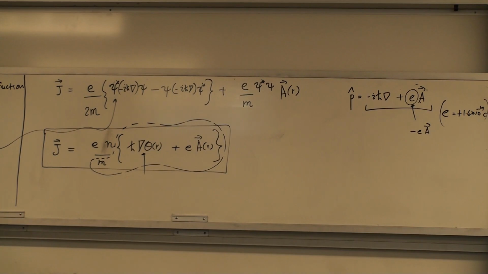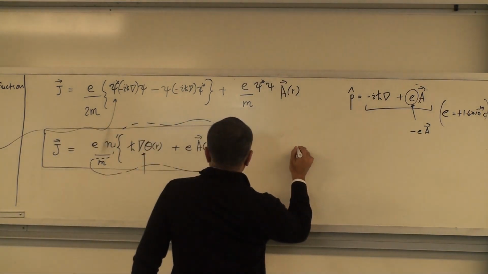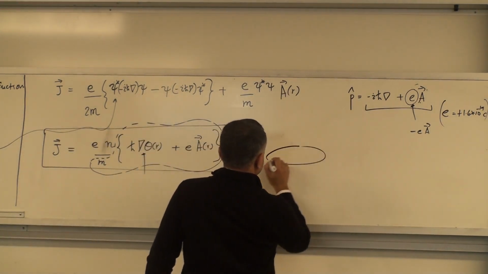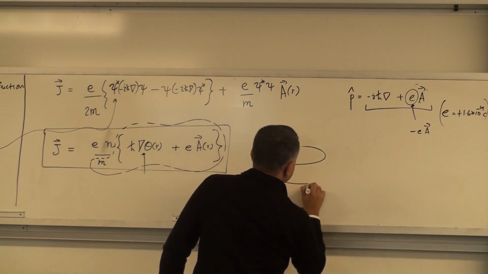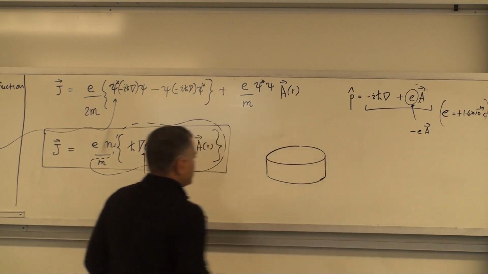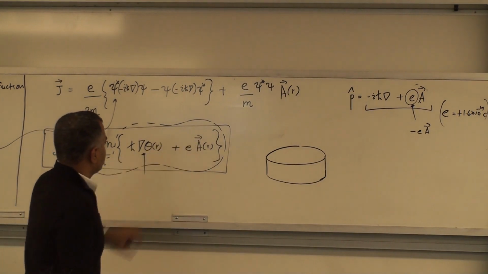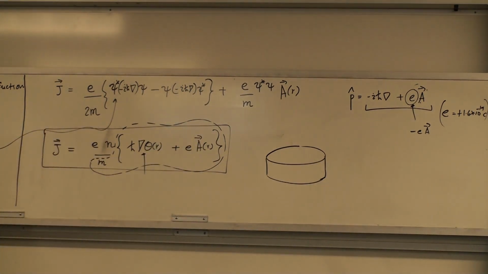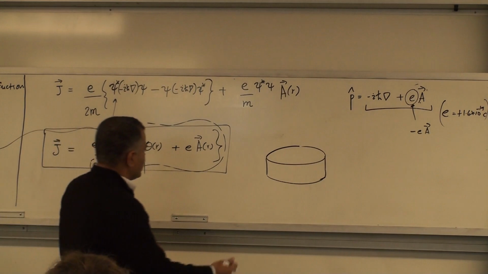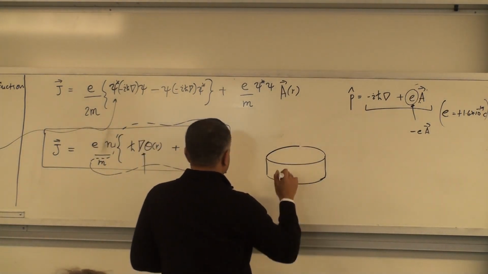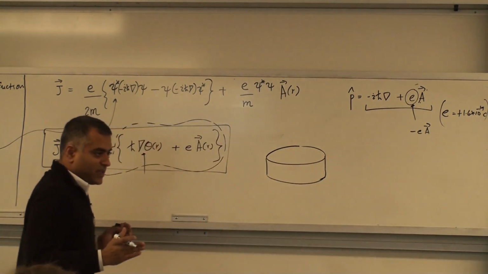And from here, if I look at the situation where I take a piece of superconductor, okay, let's take a cylinder like that, and I apply a magnetic field to it, and from this analysis, what experimentally we see is deep inside the superconductor there is no magnetic field; it has been expelled, right?